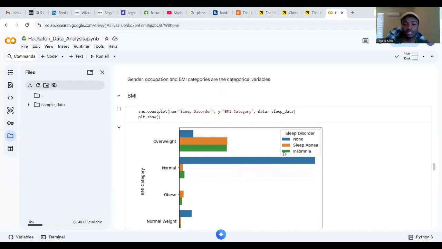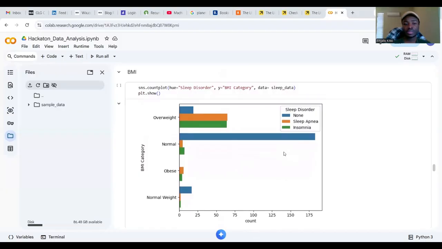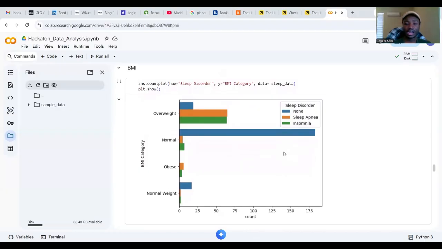And then we just try to play around with the variables, try to understand if there is a correlation between the BMI category and sleep disorder at the same time. BMI is body mass index, for those who are obese, those who have normal weight, those who are overweight. And then we also realized the majority of people with normal weight have no sleep disorder. And then people who are usually obese or overweight have sleep disorder.